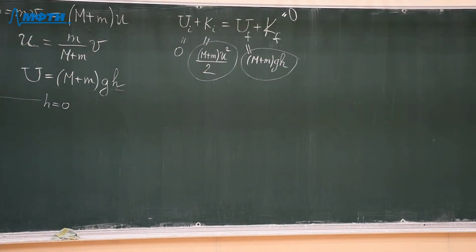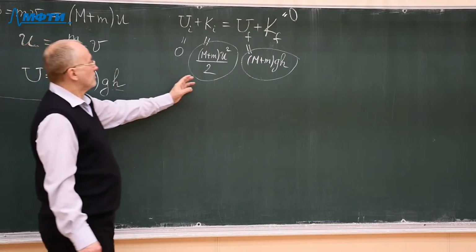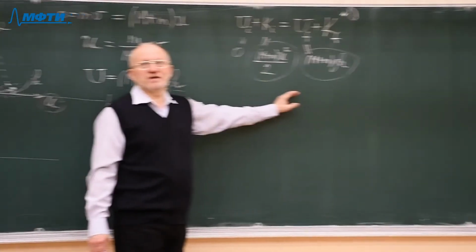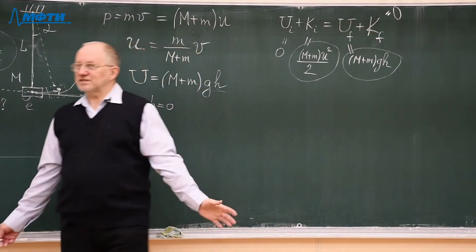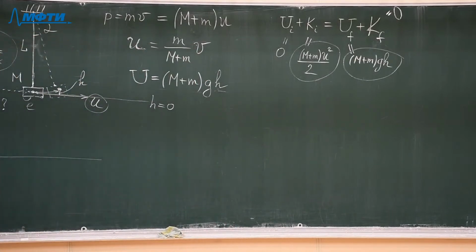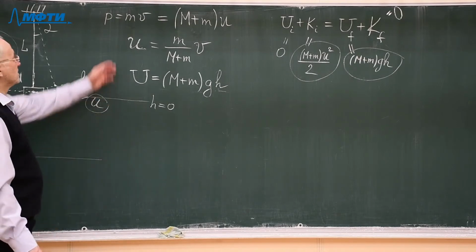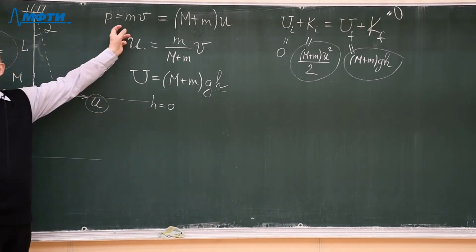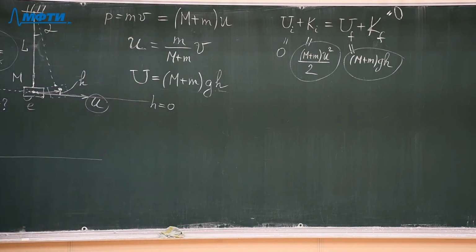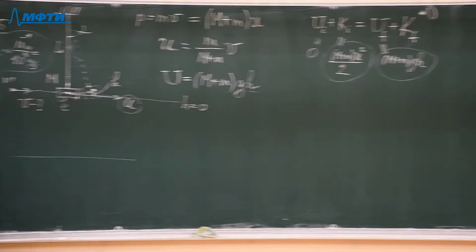So on the first stage of the solution, we used the law of conservation of momentum. And on the last stage, we used the law of conservation of energy. Why so? Why not vice versa? You must be able to explain it. Because the conservation of momentum holds when no external forces act on a system of bodies.